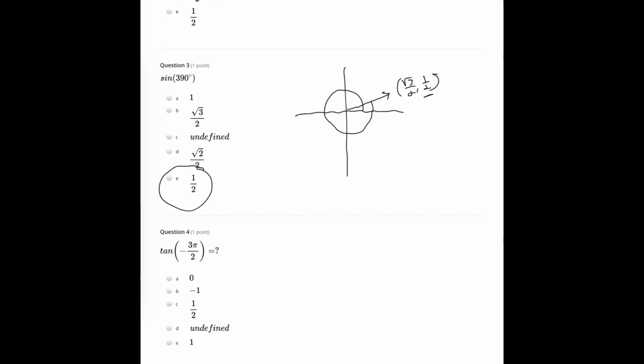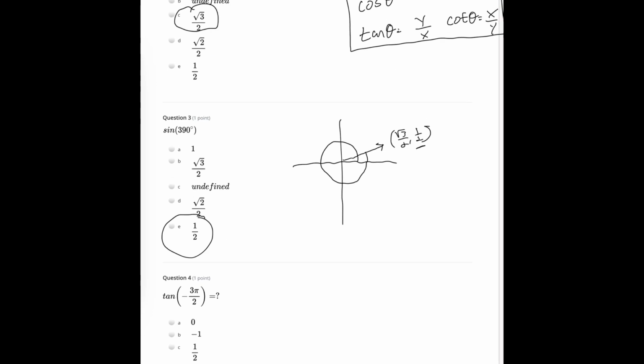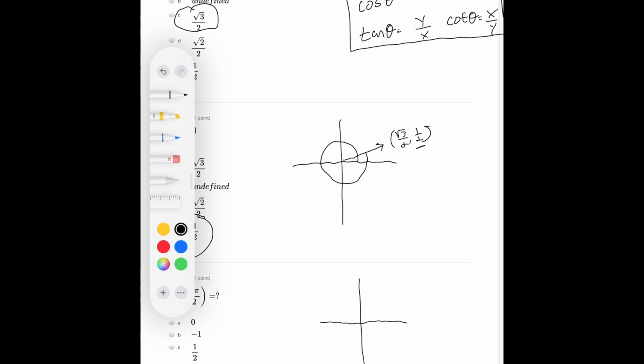Tangent of negative 3 pi over 2. We have to figure out where negative 3 pi over 2 is. If we went in the positive direction, positive 3 pi over 2 is here, but we're going in the negative direction, so we're going this way.